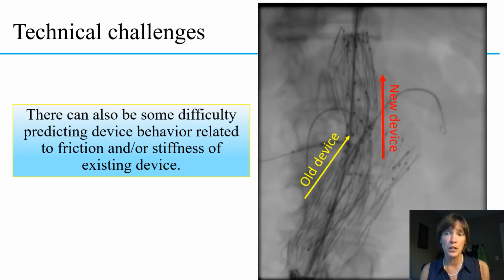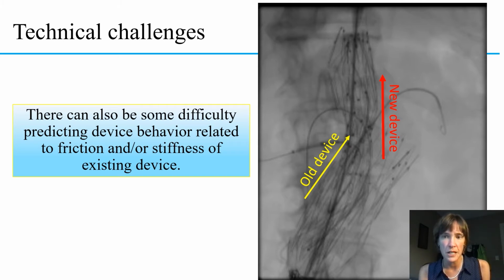The other potentially challenging aspect has to do with both planning and execution of these cases. There's just increased friction between the new device passing through the indwelling device rather than the native aortic wall, and that can decrease the rotational ability. The way the device opens, particularly in the case of a tortuous segment, can also be far more unpredictable than usual due to the stiff nature of the prior aortic device's stent struts.